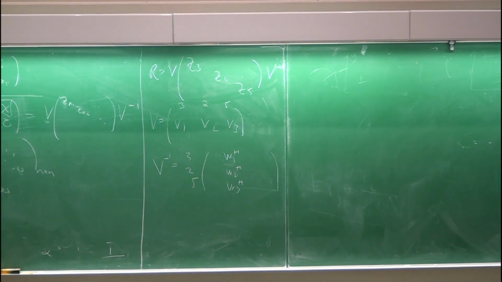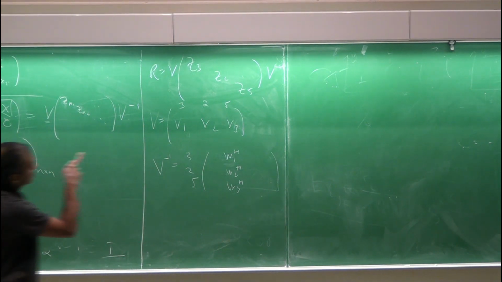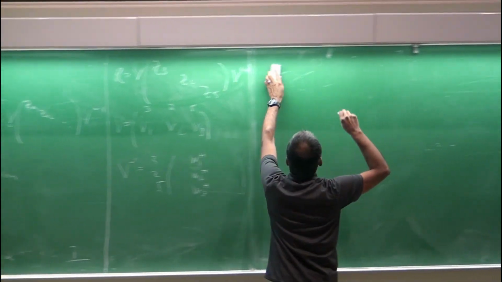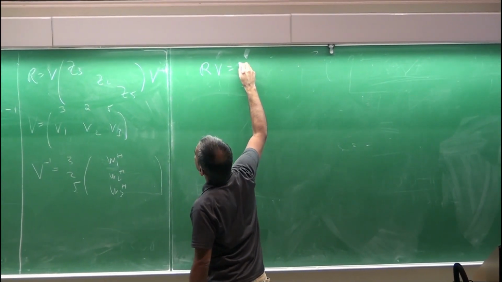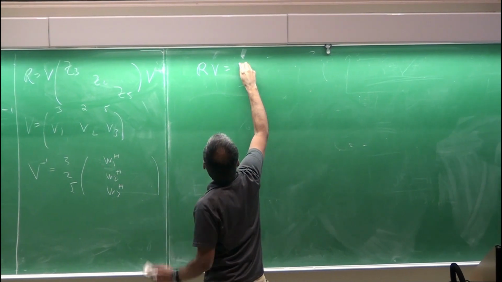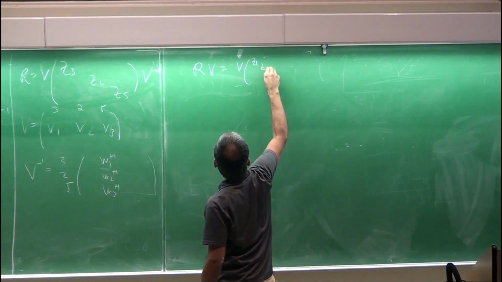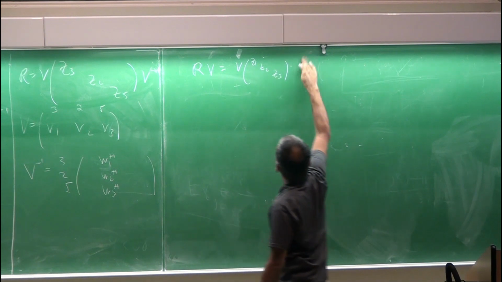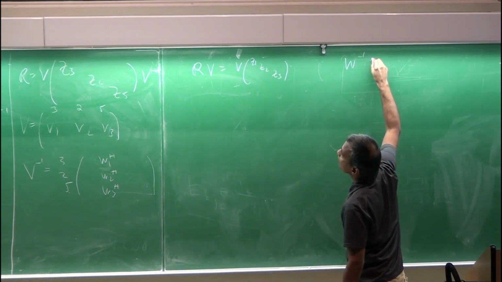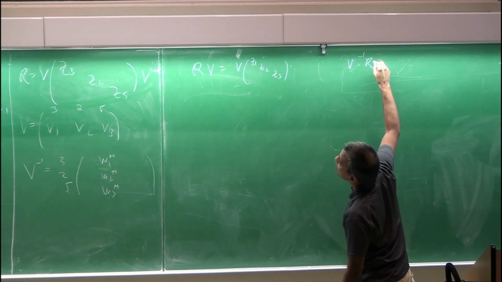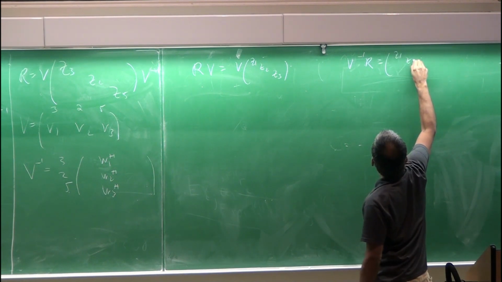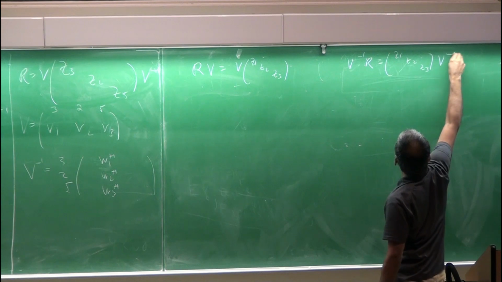And the reason is that if you write this out in this form, just to remind you, RV is equal to V times Z1, Z2, Z3, right? And if you write it the other way, V inverse R is equal to Z1, Z2, Z3 times V inverse, right?